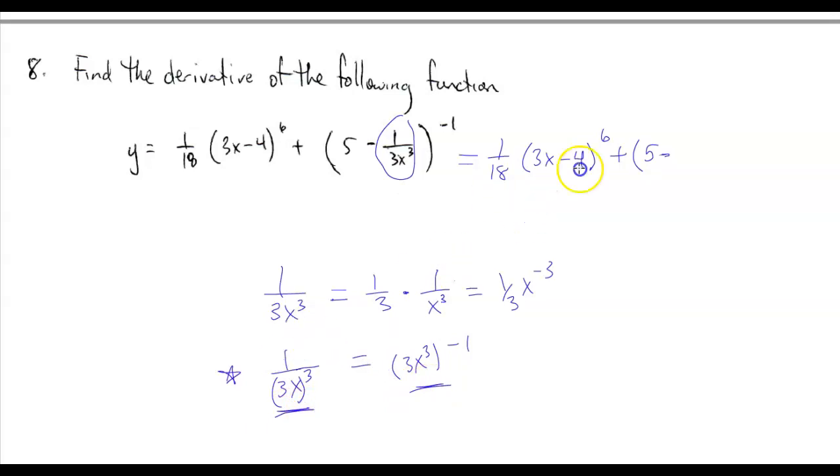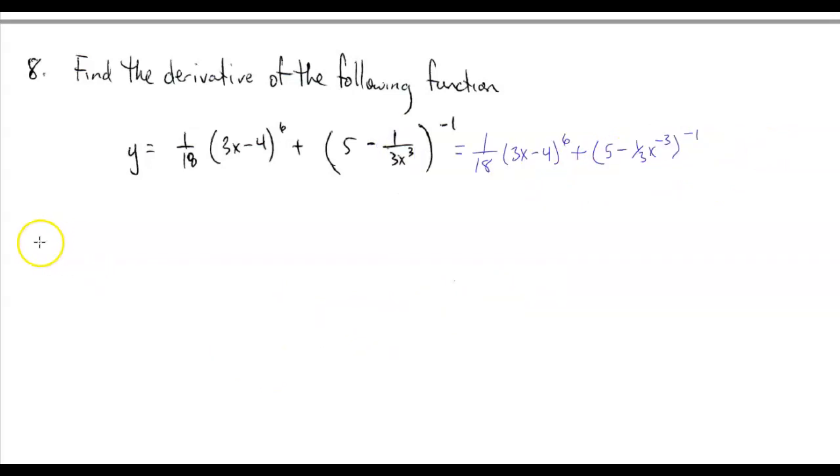So this means that we know that this is going to be 1/3 x raised to the -3 and all that raised to the -1. And so this is what we will take the derivative of. All right, so now let's go ahead and take the derivative of our function here. In the first term, we would ignore our constant 1/18.